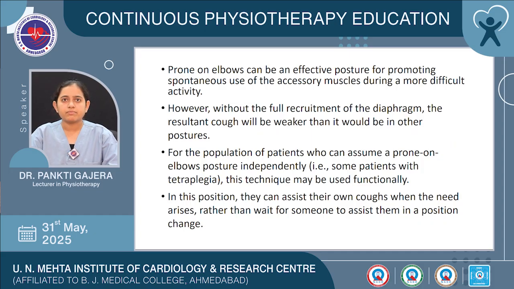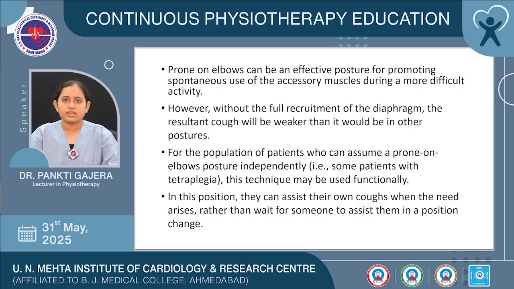Prone on elbow can be an effective posture for promoting spontaneous use of accessory muscles during more difficult activity. However, without the full recruitment of the diaphragm, the resultant cough will be weaker than it would be in other postures. For the population of patients who can assume a prone on elbow posture independently, that is some patients with tetraplegia, this technique may be used functionally.